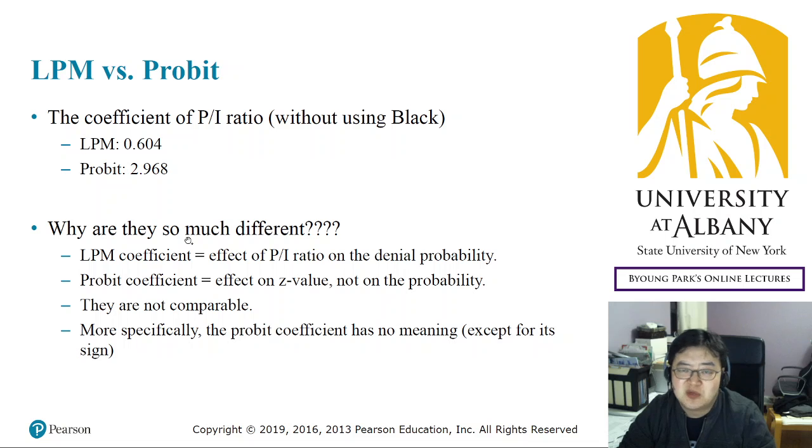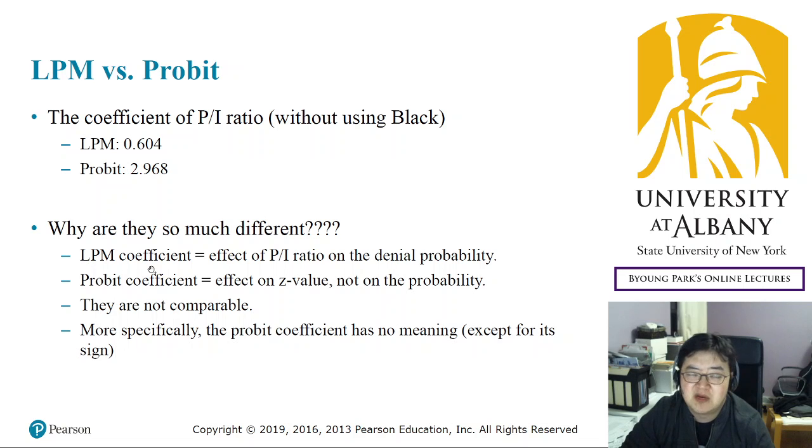Why are they so different? It's a big problem. Like earlier, I could explain this: if your pi ratio increases by 1 unit, the probability of denial increases by 0.6, like 60 percentage points. That was the interpretation for the linear probability model. But what about probit? That is different.